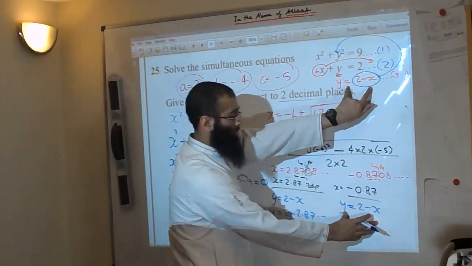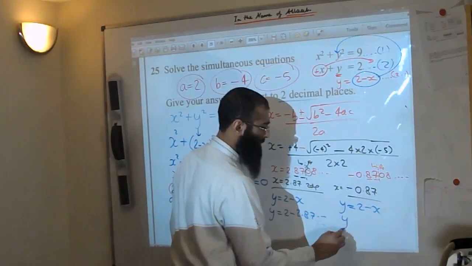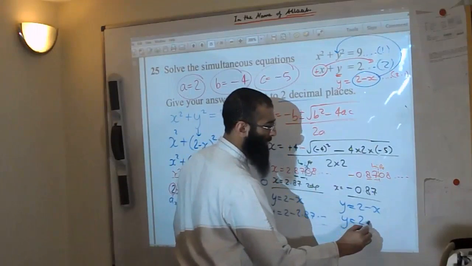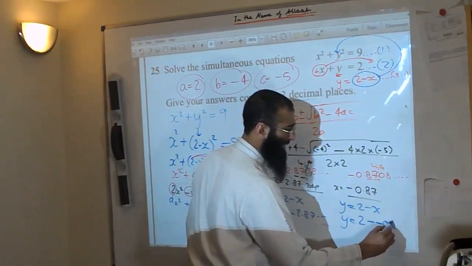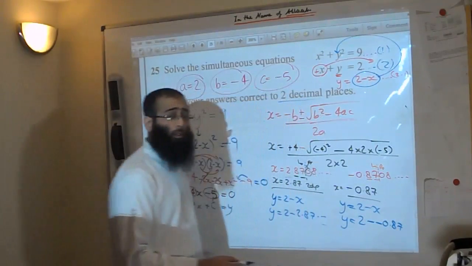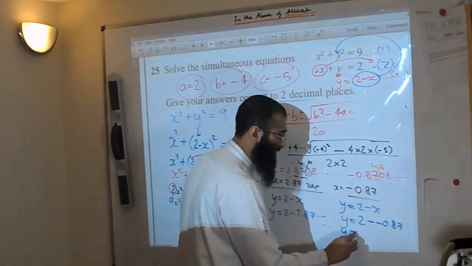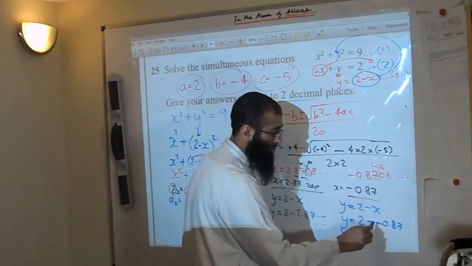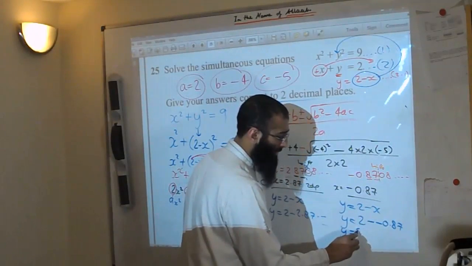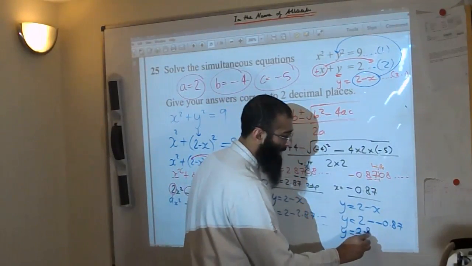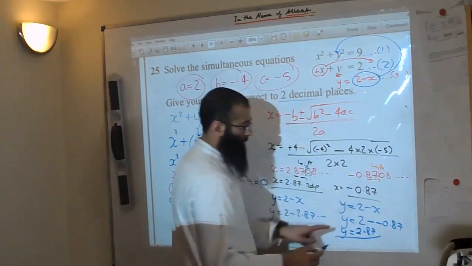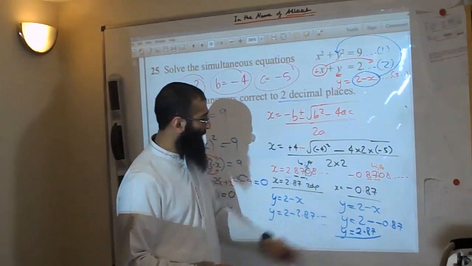There it is. y is equal to 2 minus minus 0.87. So 2 minus minus 0.87 gives us y equal to, well, that becomes a plus. So 2 add 0.87, that gives you 2.87 for its corresponding y value.